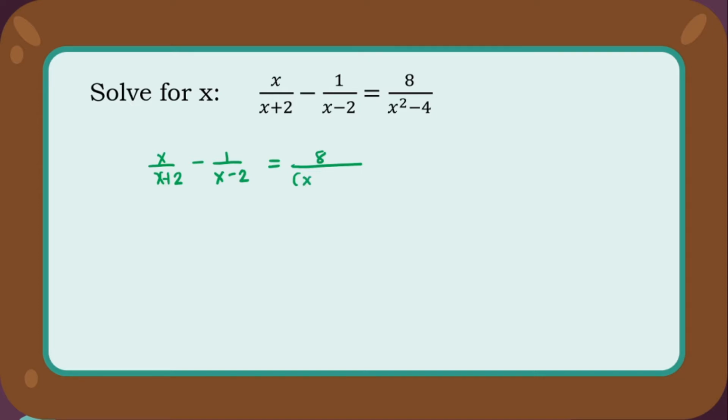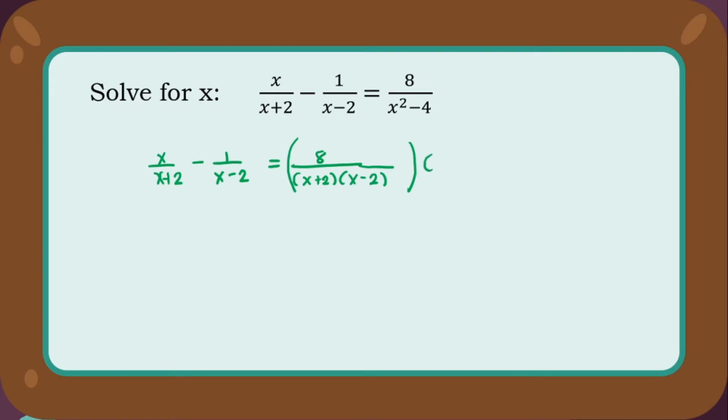It is x plus 2 and x minus 2. Now, let us multiply both sides of the equation by their LCD. What is the LCD of this equation? The LCD is x plus 2 and x minus 2.